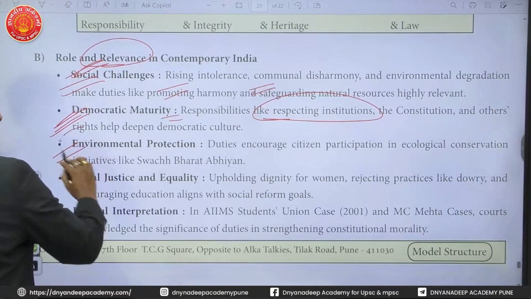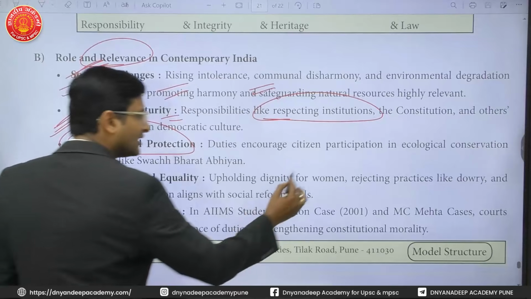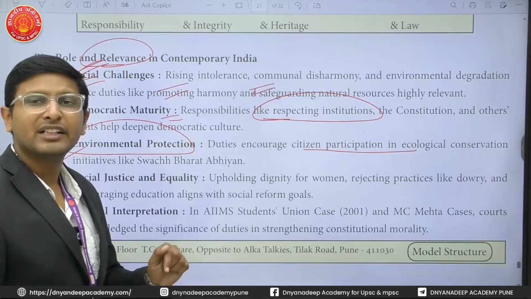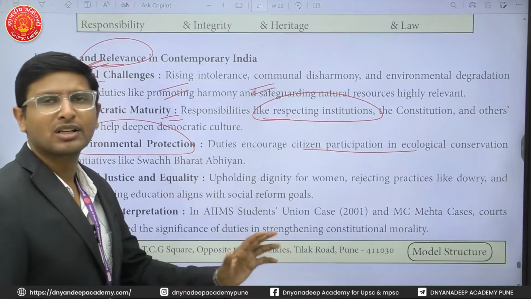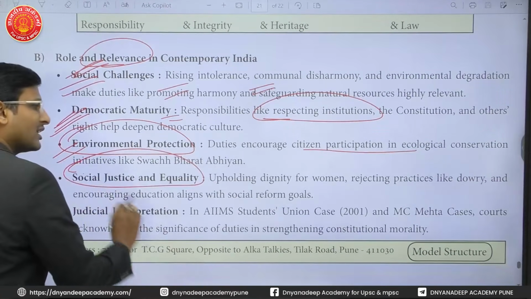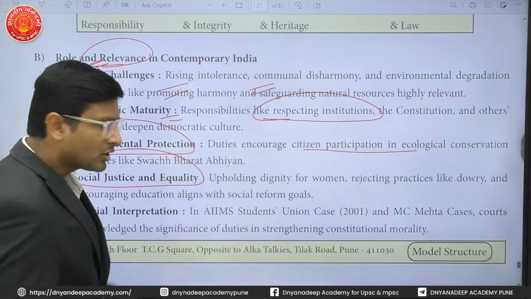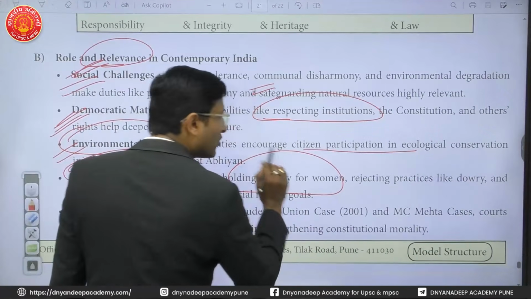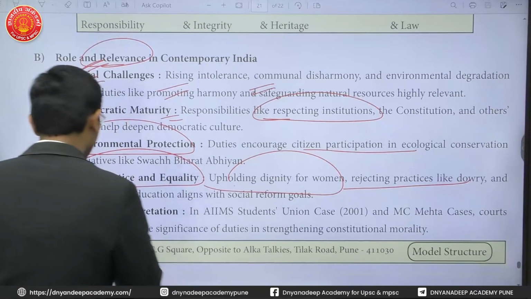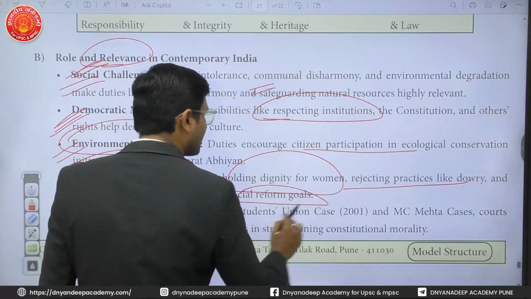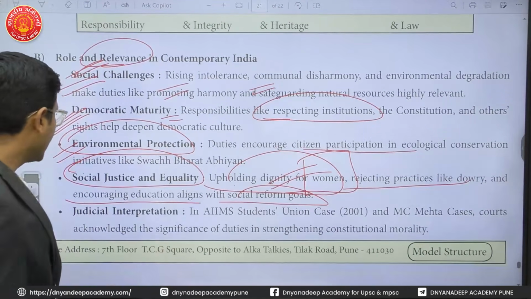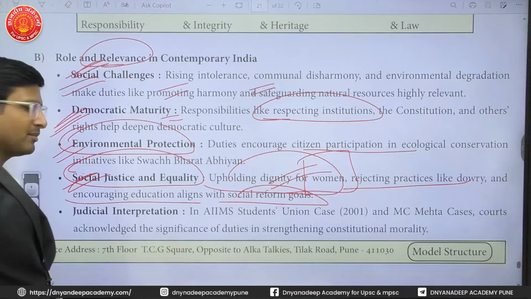Environmental protection, we have already discussed it. It encourages citizens' participation in ecological conservation. That is currently needed because the government is focusing so much on environmental protection at present. Social justice and equality, because it talks about upholding the dignity of women, rejecting practices like dowry, and encouraging education aligned with social reform goals with respect to women.